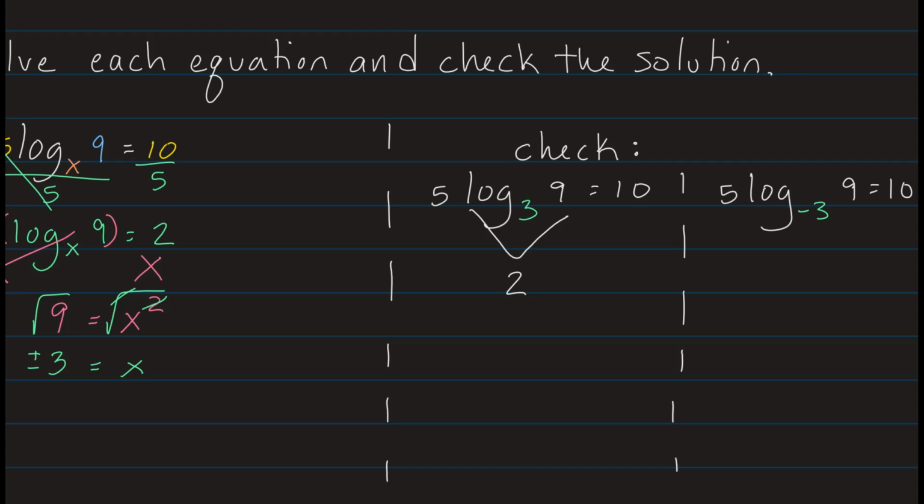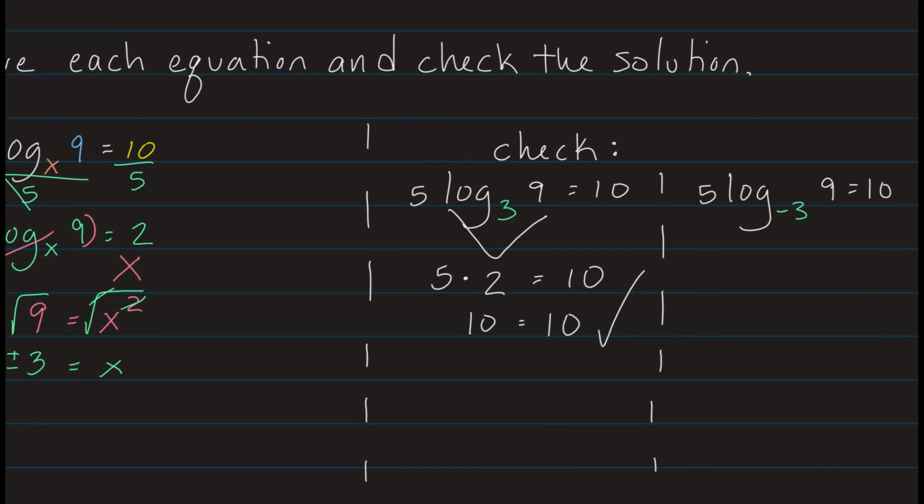And then it's being multiplied by that 5. 2 times 5 is 10. So 10 does equal 10, meaning our first solution of positive 3 is valid. Now let's go ahead and check our second solution, -3.